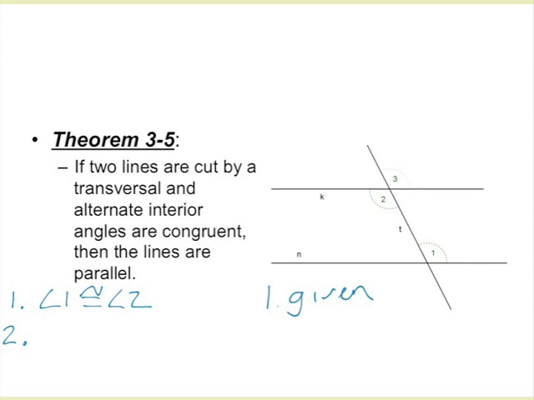Looking at the picture, which other two angles have to be congruent no matter what? 2 and 3. Why? What are they? Vertical angles. So then 1 is congruent to 2, and 2 is congruent to 3, which means 3 is congruent to 1. 3 and 1 are congruent to each other.